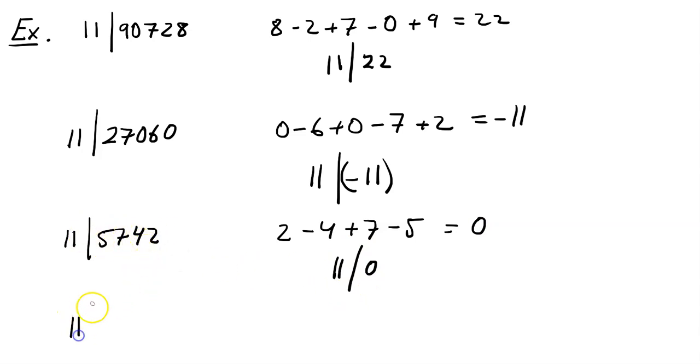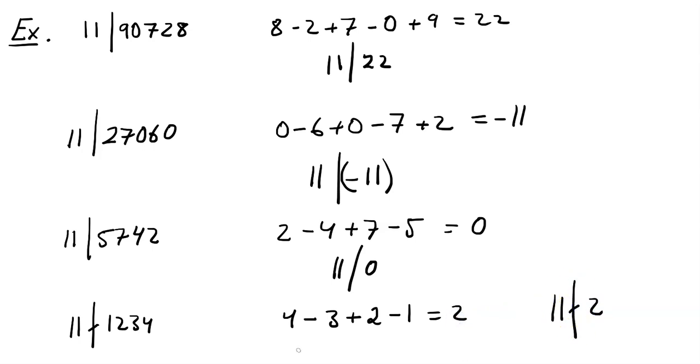But finally, for example, 11 does not divide 1234. And that's because if you take the alternating digit sum, 4 minus 3 plus 2 minus 1, that's 1 plus 1, that's 2. And 11 does not divide 2. So these are examples of that rule.